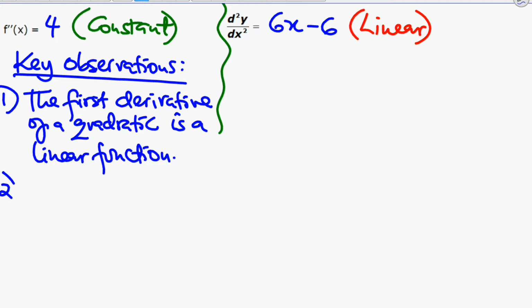And the second thing that we can realize is that the second derivative of a quadratic is a constant.